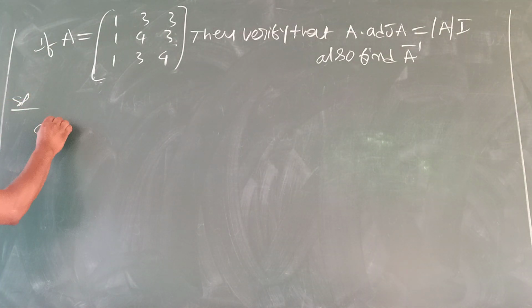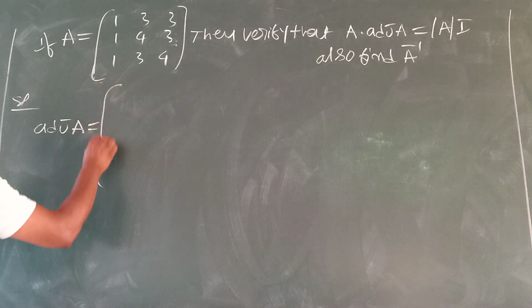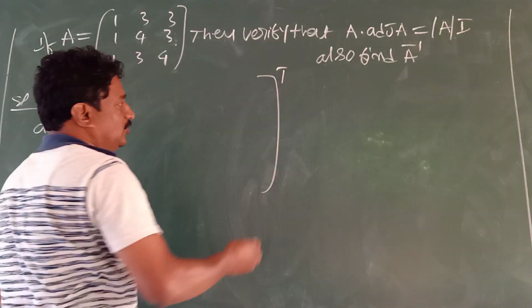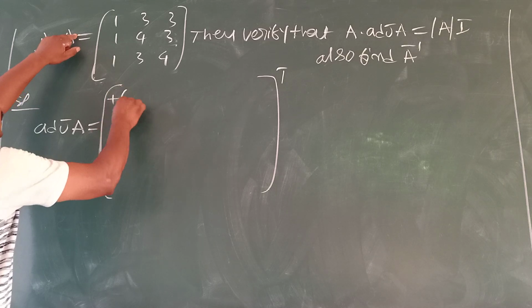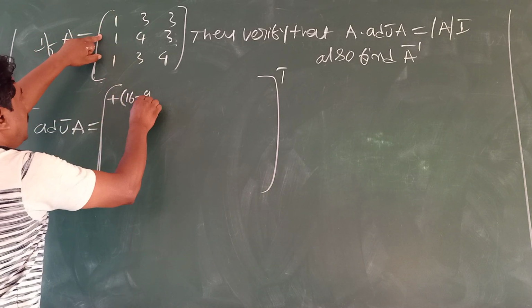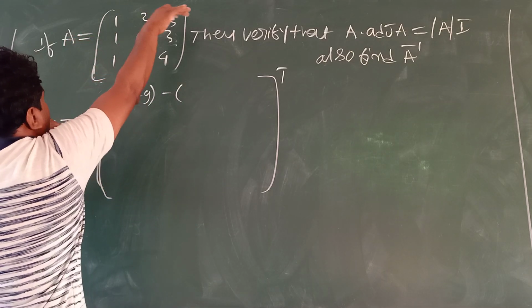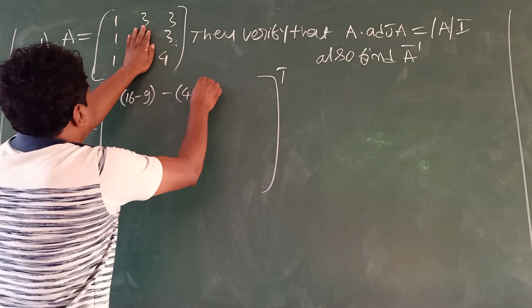Solution. Adjoint A is the transpose of the cofactor matrix. Plus, leave that row and column: 4 4 is 16 minus 9. Minus, come to this column and row: 4 minus 3.